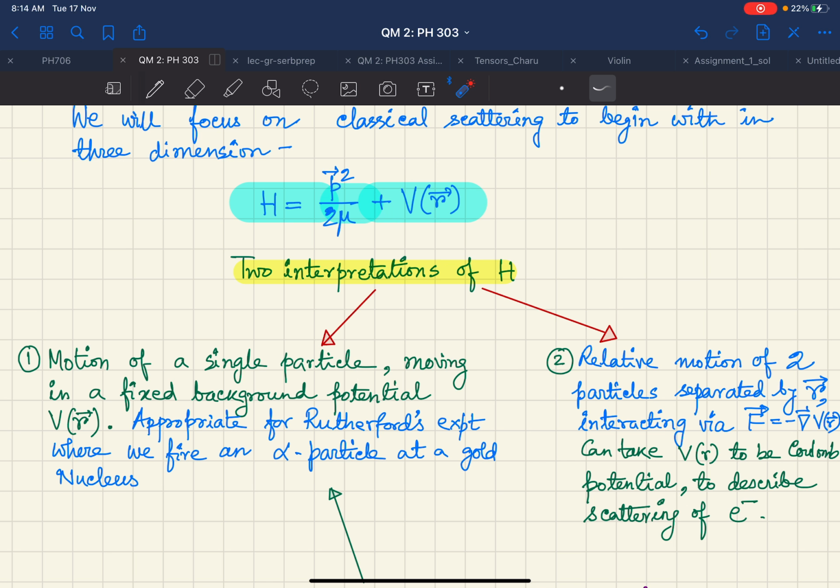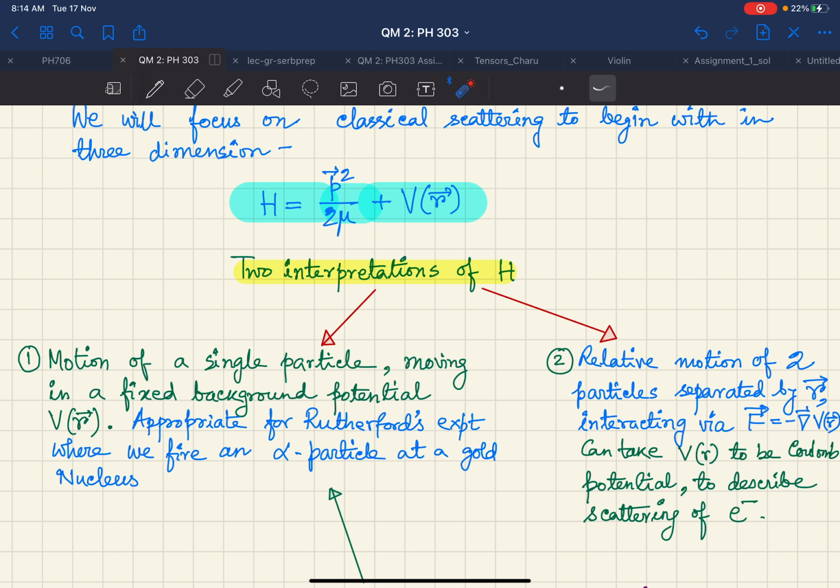What is the second one? The second interpretation is that this Hamiltonian represents the relative motion of two particles which are separated by a distance r. And these particles are interacting via a conservative force field, which can be written as minus the gradient of a potential.